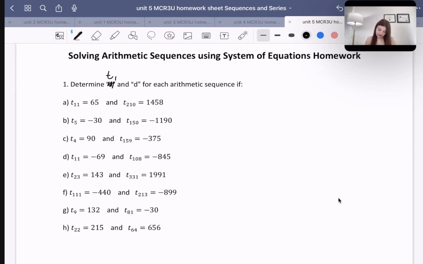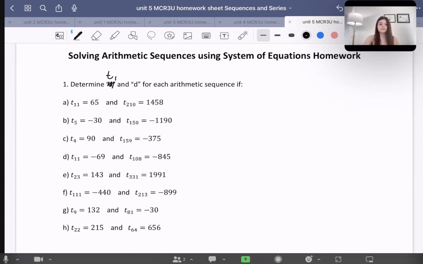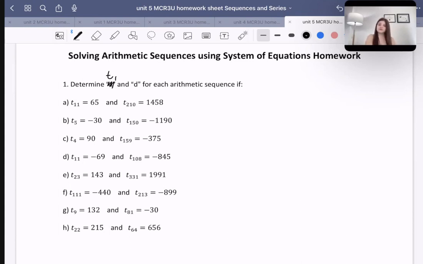Now here in A, they gave us that t of 11 is equal to 65 and that t of 210 is equal to 1,458. And then in example B, they gave us that t of 5 is equal to negative 30. So the fifth term is negative 30.